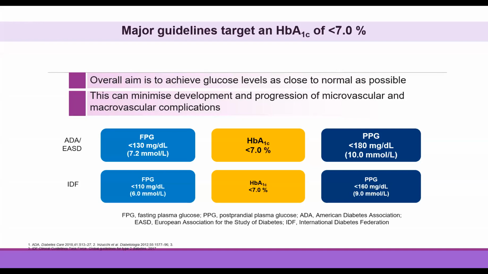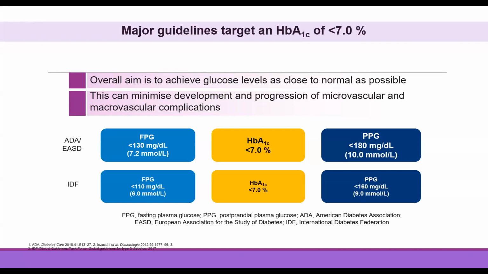even at the time of planning for pregnancy. On the other hand, in elderly subjects who have multiple comorbidities and limited lifespan, we can expect an A1c around 8% or maybe 8.5%, because the major concern in front of us is hypoglycemia.